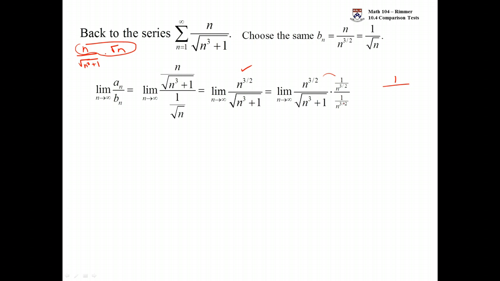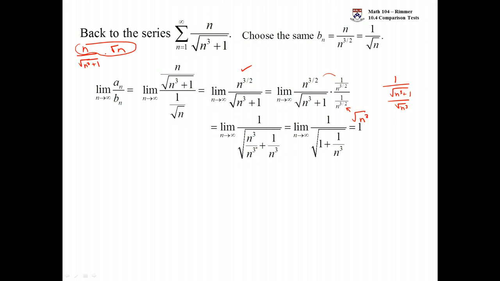In the denominator, if you represent this guy as the square root of n cubed, then we can combine these together. We'll have root of n cubed plus 1 divided by root of n cubed. Make that into 1 root and then break it apart.